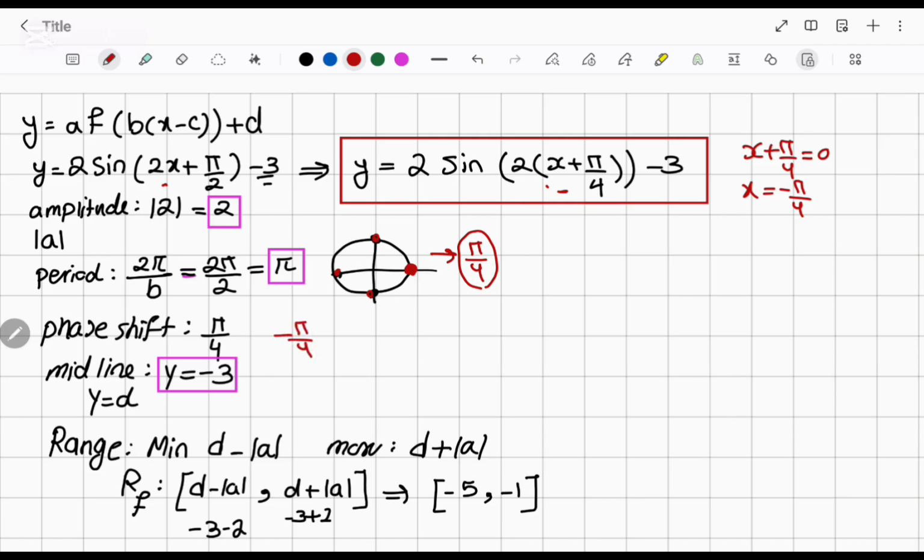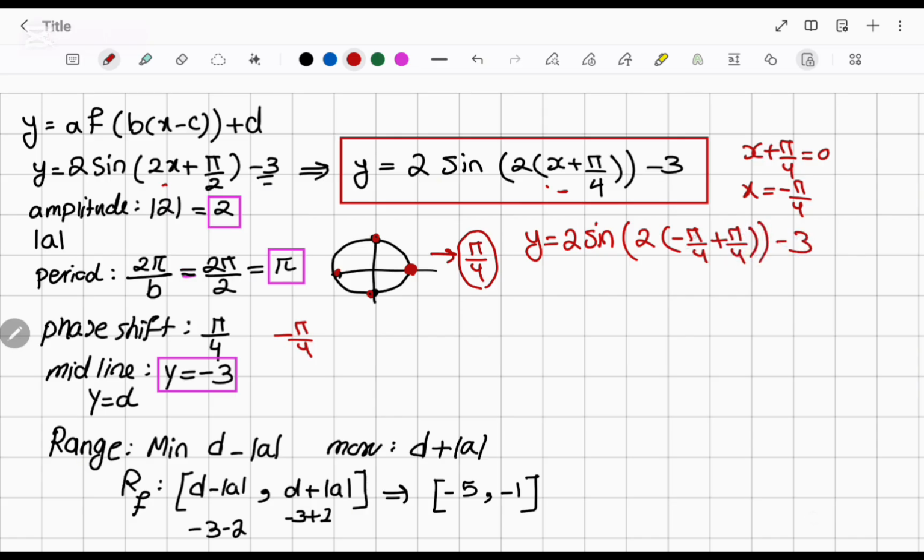And I'm going to show you why this one would give me the angle 0. Look, if I substitute negative pi over 4 for x into the equation, let's see what's going to happen. So y is equal to 2 sine 2 times the x that I'm going to substitute, which is negative pi over 4 plus pi over 4, and then minus 3.